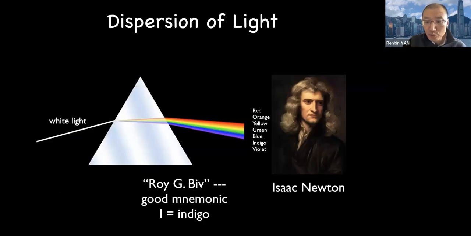And this was first proven by Isaac Newton when he used a prism to diffract the sunlight into different colors. Sunlight, which looks white, goes through a prism, and you can decompose it, or disperse it, into multiple colors and form a rainbow pattern.